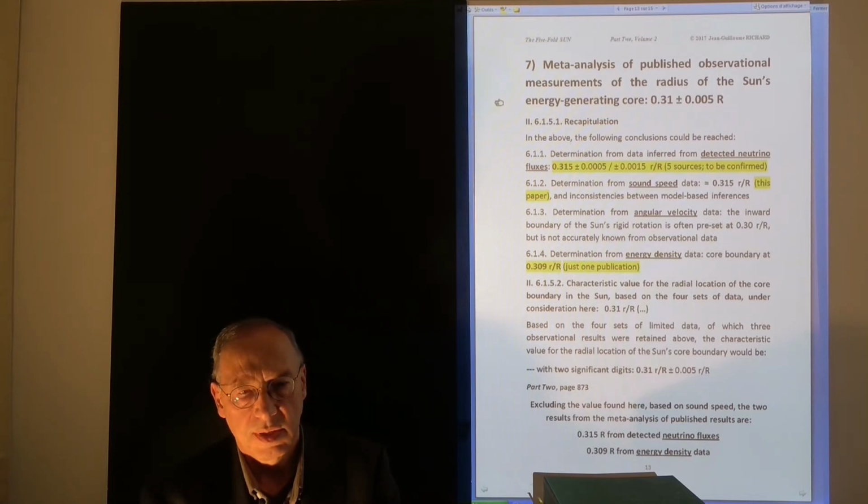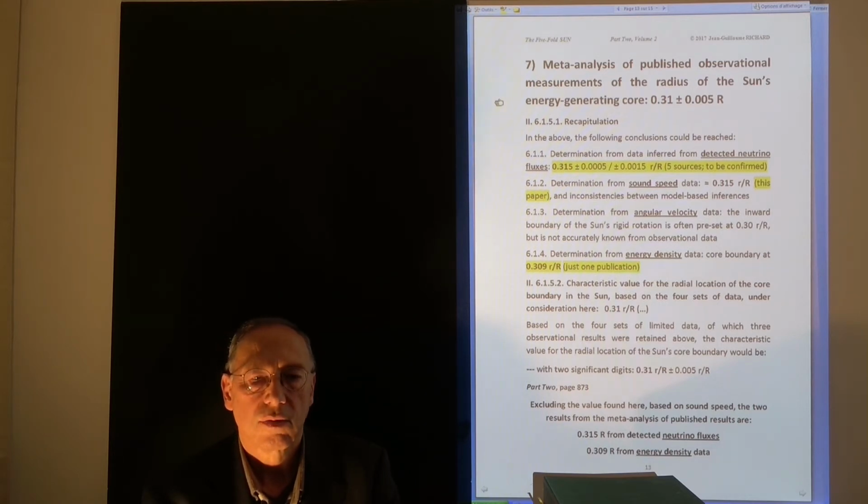While this might be a little too precise, this is what is stated in the book paper version and electronic version of the Fivefold Sun as a book. Maybe it is more prudent to say that in the literature the meta-analysis leads to conclude that the radius of this core is more than 0.30 and less than 0.32.